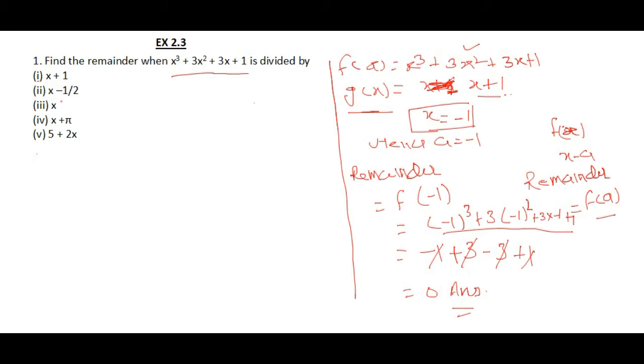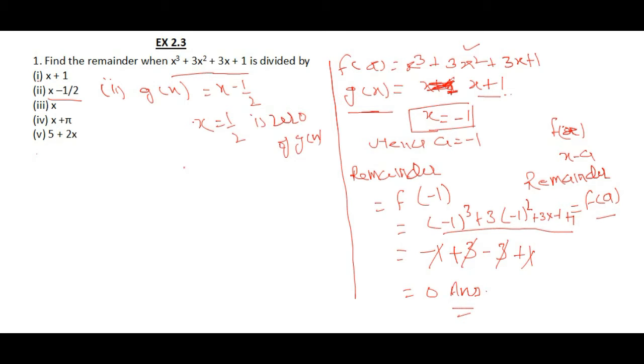Now let's take the second question. In the second question, g of x is equal to x minus 1 upon 2. So to find the value of a, we have to find the zero of this polynomial. The zero of this polynomial is 1 by 2.